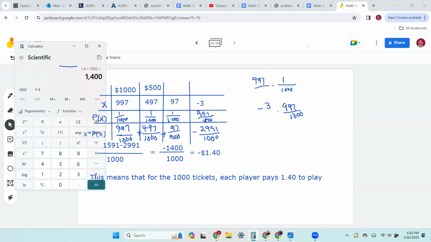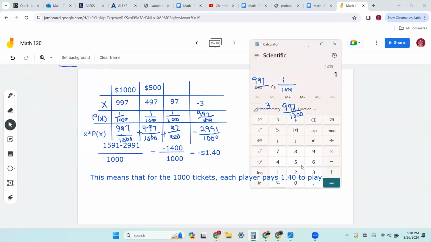So they're making about $1,400 overall after they pay out the prizes. Because if you add the 1,600 back, you get the 3,000, which is 1,000 times $3. So it's a little bit over half that is for prizes.